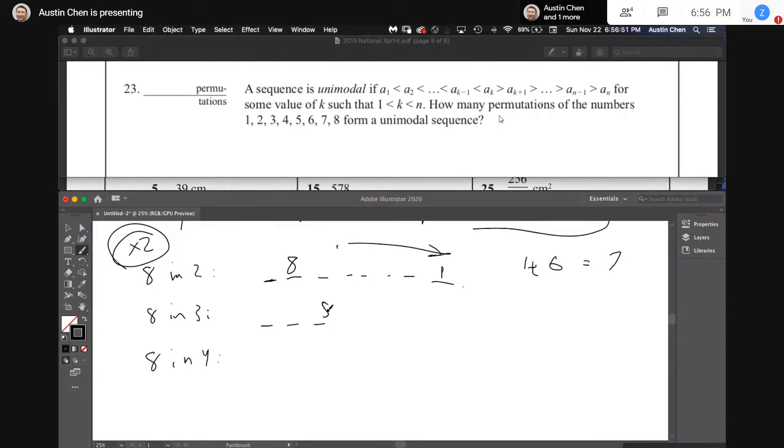All right, so what happens if 8 is in the third position, right? Then all of these have to be decreasing and these have to be decreasing as well. Well, making it decreasing isn't actually a huge constraint at all, right?